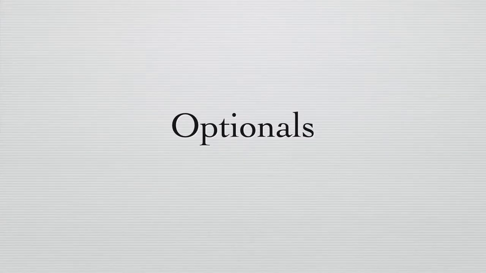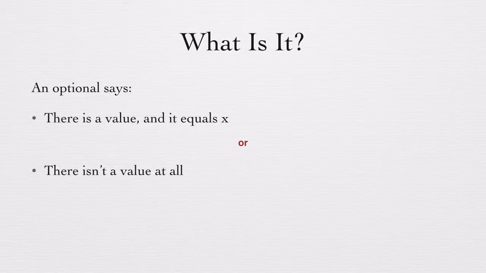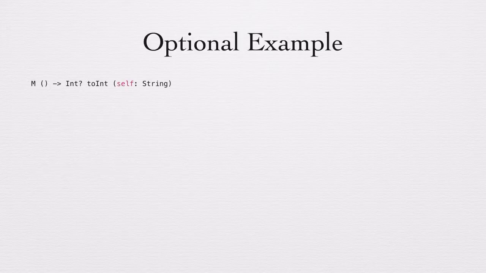We now proceed to optionals. I have said this earlier, an optional either has a value or none at all. I will describe this with an example. This line gives the signature of toInt function of string class. Do not worry even if you do not understand the complete syntax here.